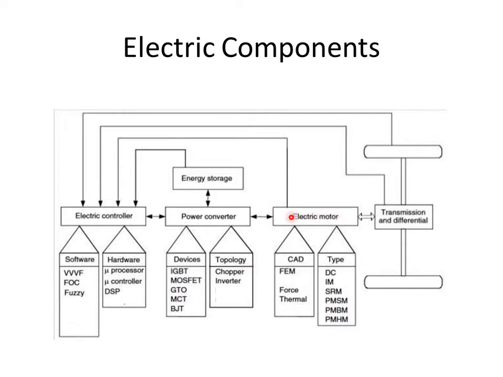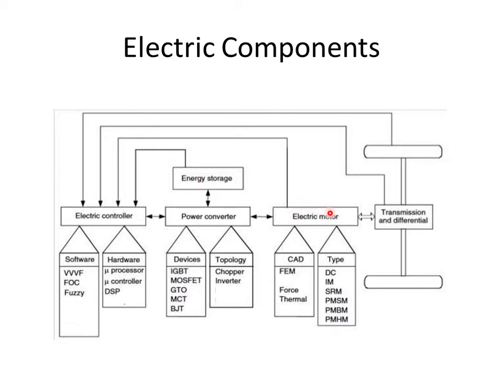This power converter can have different switches like IGBT, MOSFET, GTO, MCT, BJT, etc. Depending upon the control signal obtained from the electronic controller, the power converter will control the power flow from the energy source to the motor, or from the motor back to the source during regeneration.